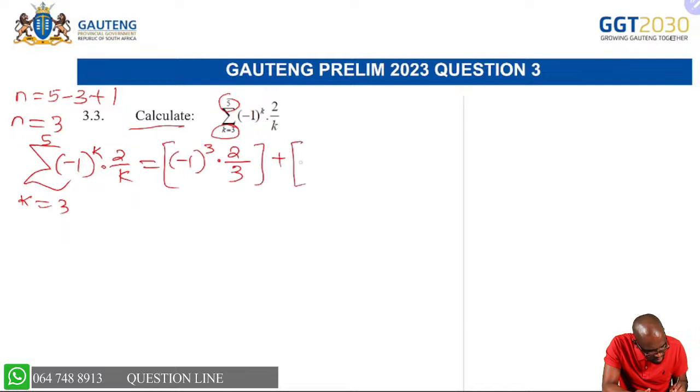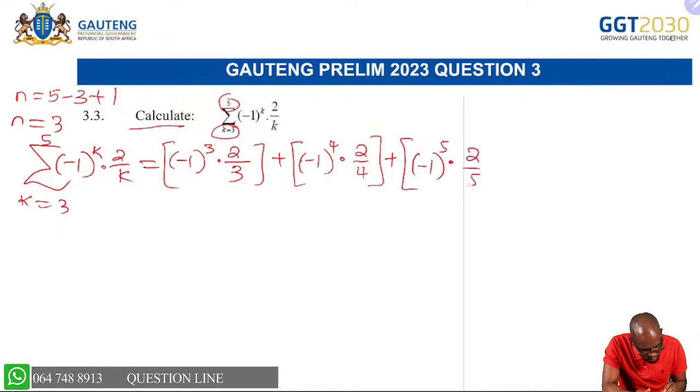Plus you do the same: -1, and now k moves to 4, times 2 over 4. Plus this would be -1 to the exponent of 5 now, times 2 over 5. So that is how you are generally going to expand that.